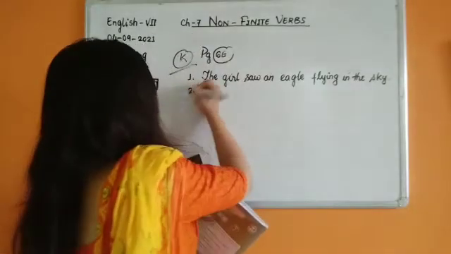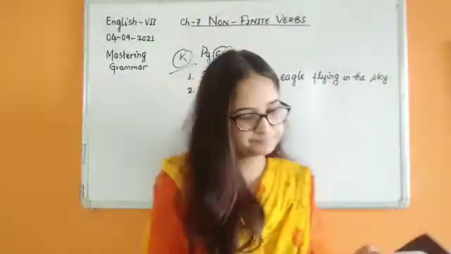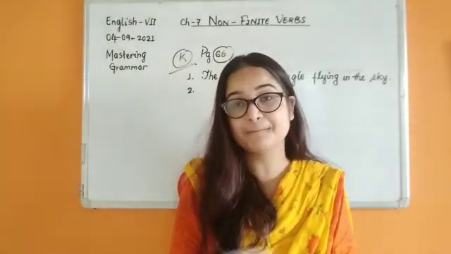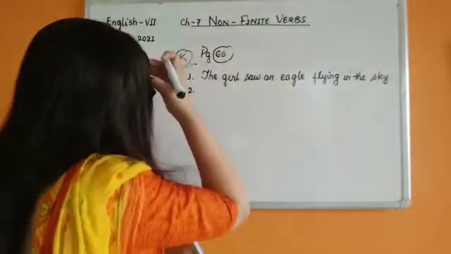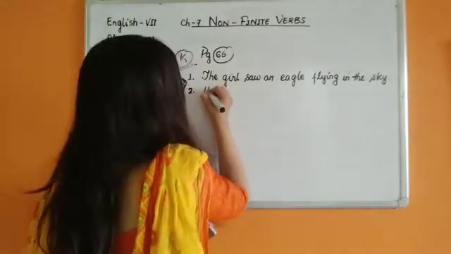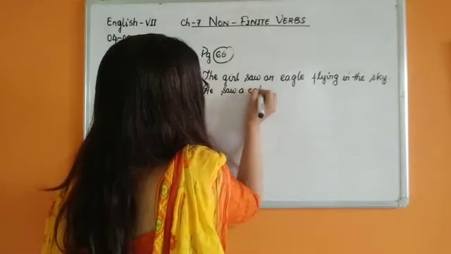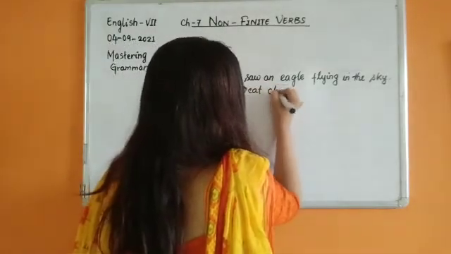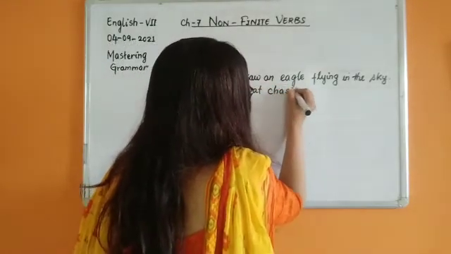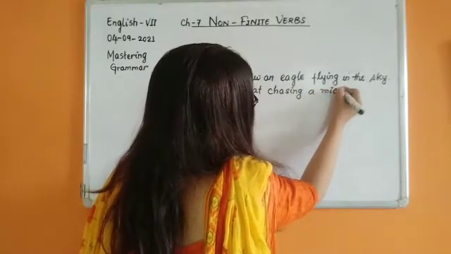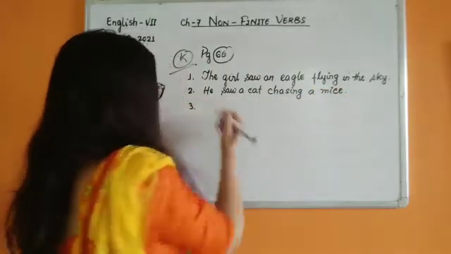Number 2. He saw a cat. The cat was chasing the mice. He saw a cat chasing the mice.